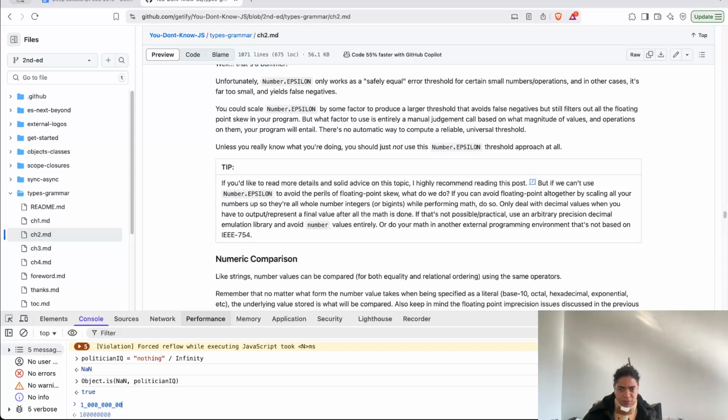Only deal with decimal values when you have to output a final value after all the math is done. If that is not possible or practical, use arbitrary precision decimal libraries and avoid the number type entirely. Or do your math in another external programming environment that is not based on IEEE 754.